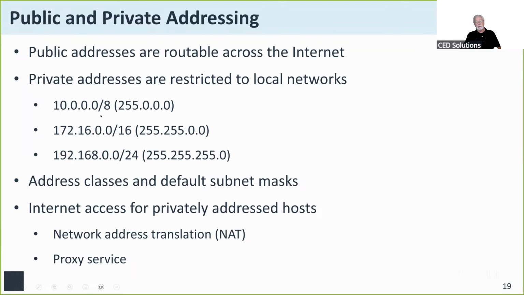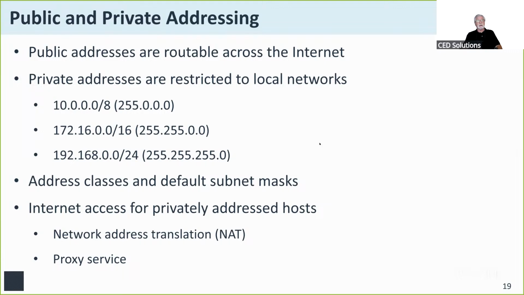The CIDR notation, the classless interdomain routing version of that, is /8, telling me that only this first octet, or the first part of the address, is the network portion of the address, leaving the last 3 octets that allow me to configure host addresses within this network address. Okay, those are called Class A networks, very large networks.